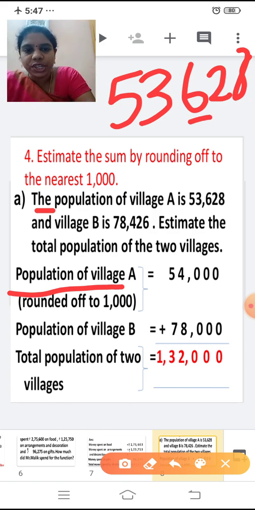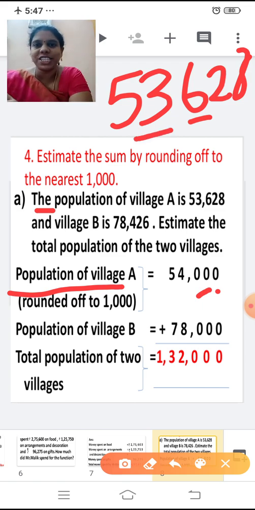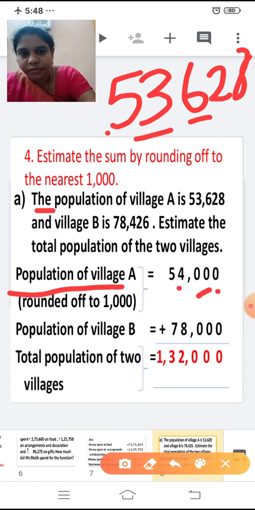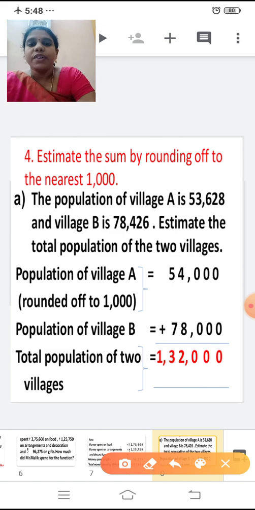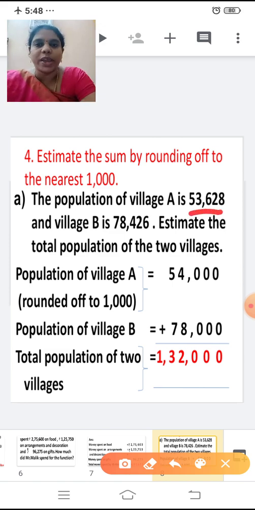We have to put 0 in the ones place, tens place, 0 in the hundreds place, and we are going to add 1 to the digit at the thousands place. What digit do we have at the thousands place? 3. 3 plus 1 is 4 and this 5. So 53,628 is rounded off to 54,000.